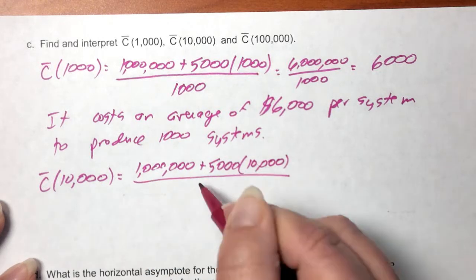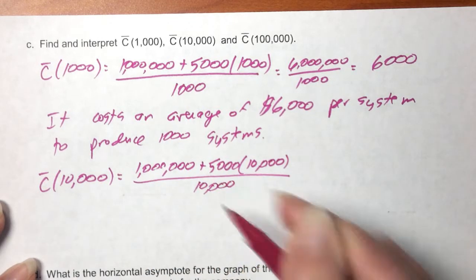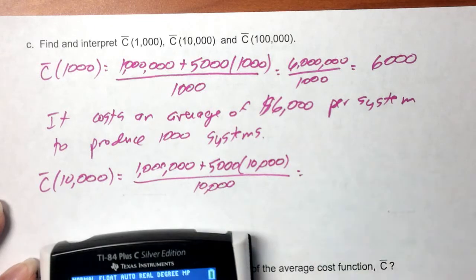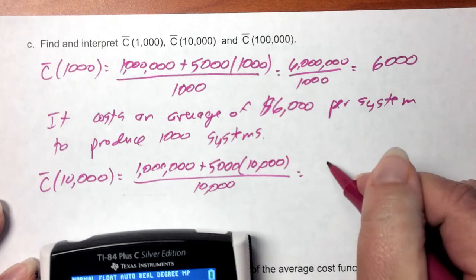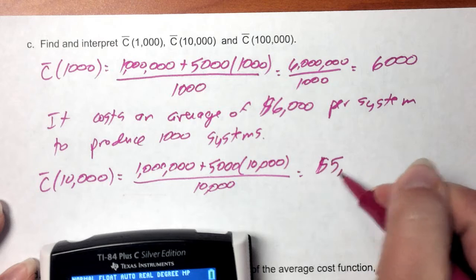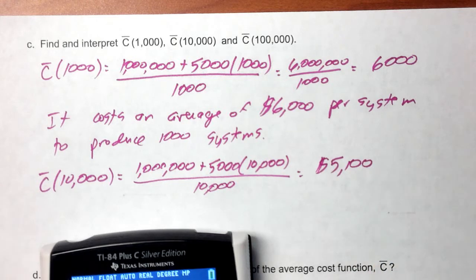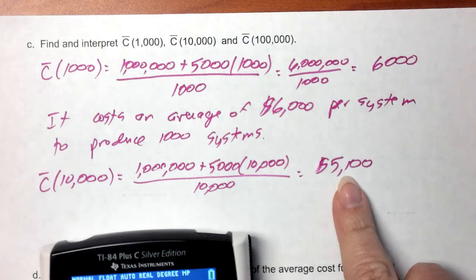That's your total cost divided by the 10,000 units you made. And then you divide by, like I said, the 10,000 units that you made, and you get 5,100. That means if you build 10,000 units, the average cost of each one is 5,100.